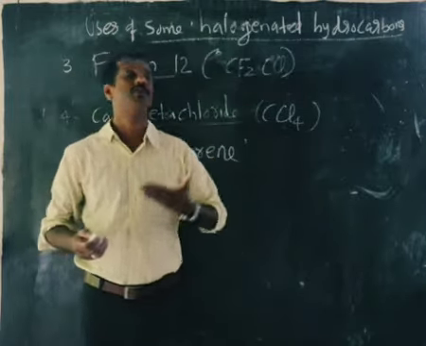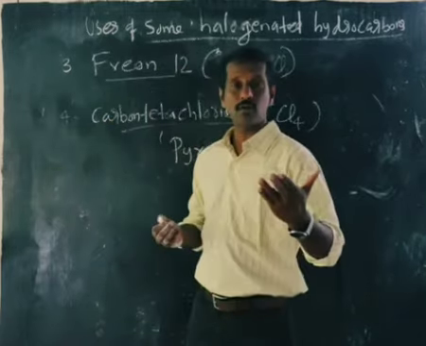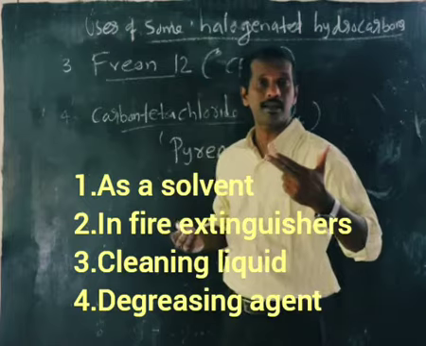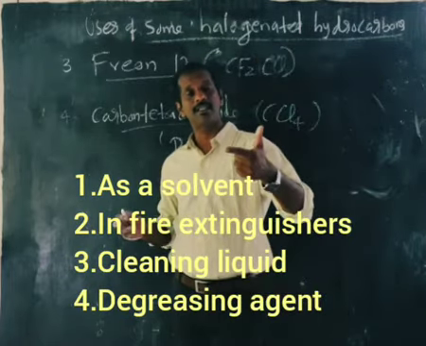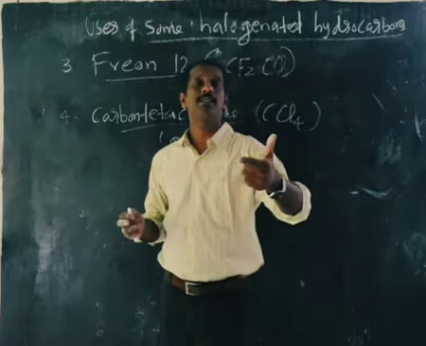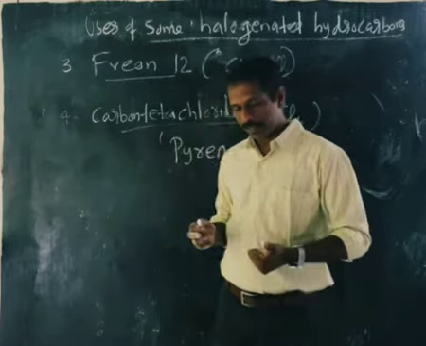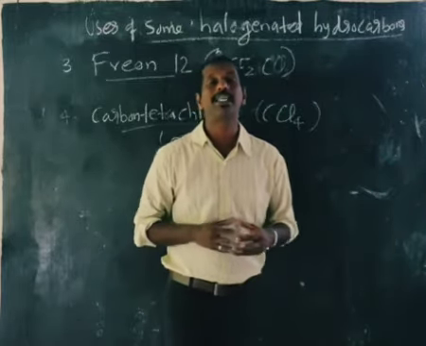These are the uses of carbon tetrachloride: first, as a solvent; second, in fire extinguishers under the name pyrene; third, as a degreasing agent in dry wash; and last, as a cleaning liquid.